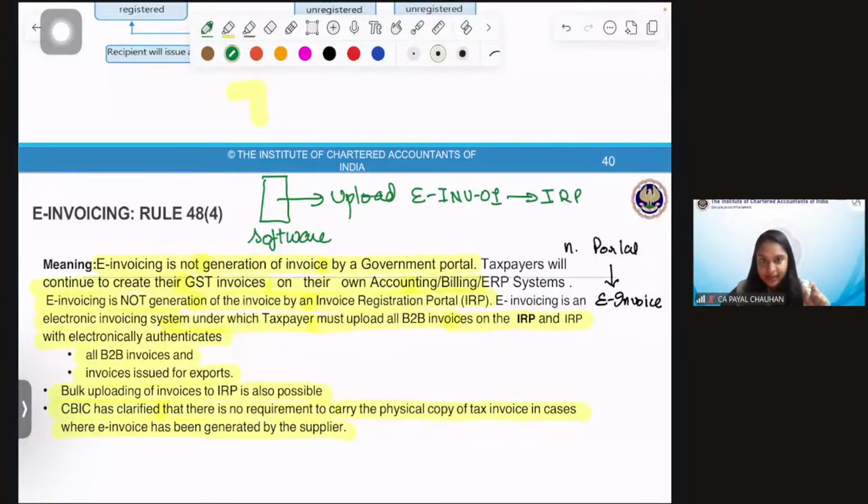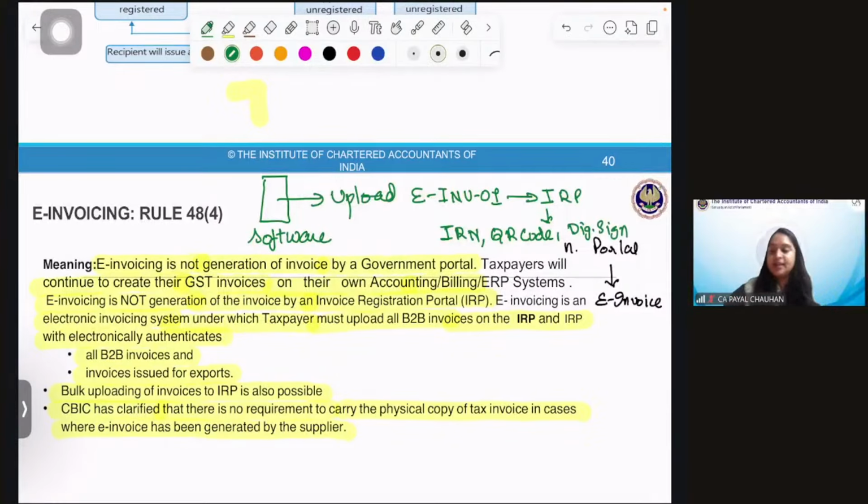It will authenticate whether the information given by ma'am is true or false. And once it authenticates, it will give me three pieces of information: one, IRN; two, QR code; third, digital signature. It will give me three pieces of information.